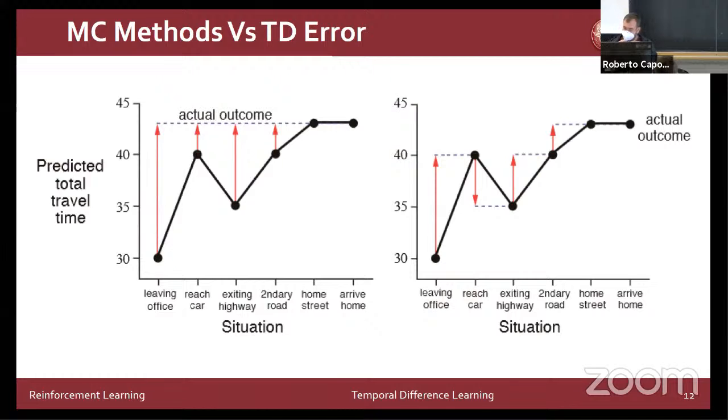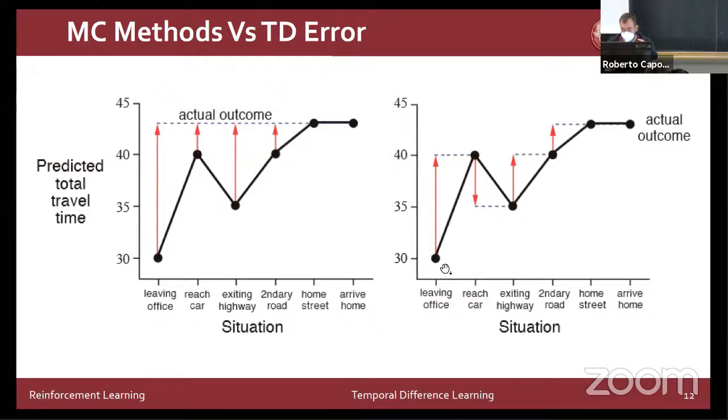So in the Monte Carlo case, if this is a certain trajectory that we get, and this is the expectation that we have, and this is the actual outcome of one single episode, we're waiting for the full episode and then updating the value of every single state. So in Monte Carlo, if this is the actual outcome and this is our estimate, we're bringing up the estimate for every single state.